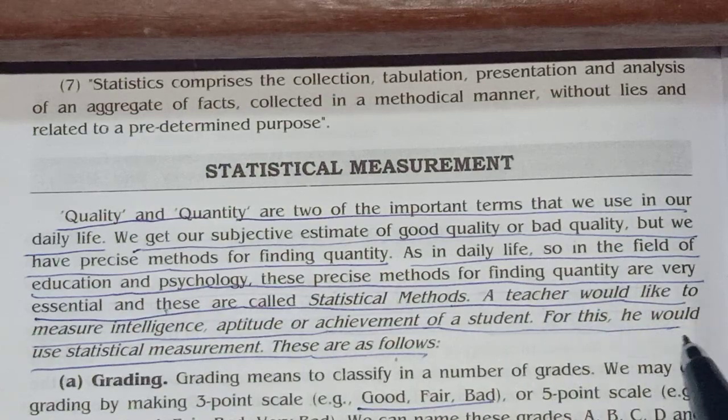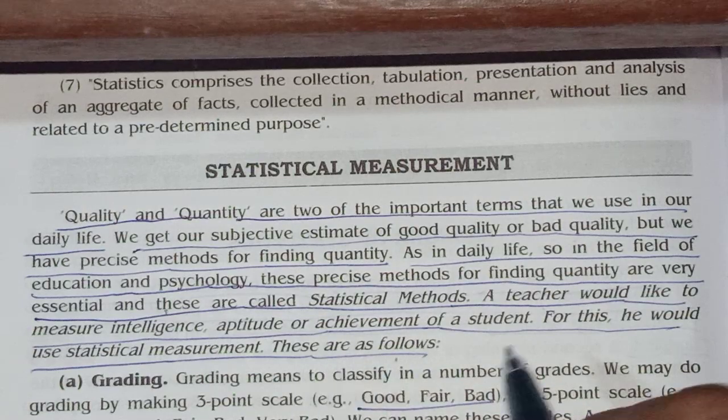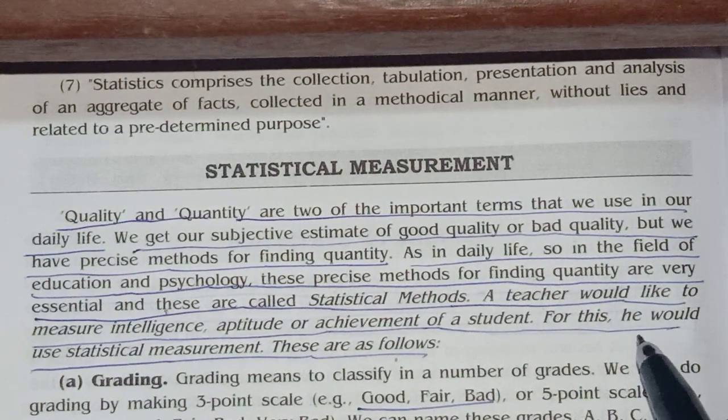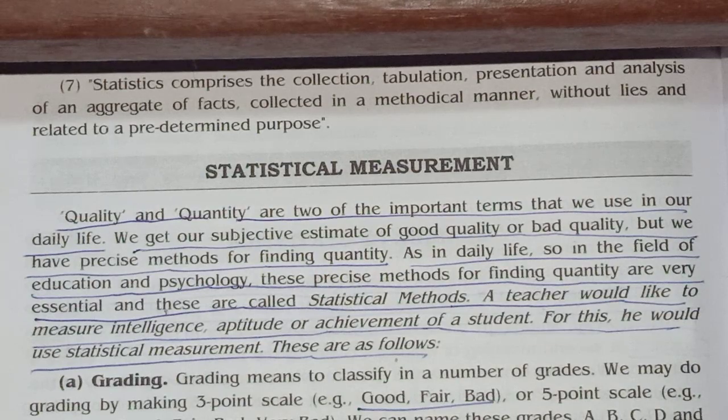A teacher would like to measure the intelligence, aptitude, or achievement of a student. For this, he would use statistical measurements. So we can know quality in various ways, but for quantity we use statistical methods, statistical measurements.